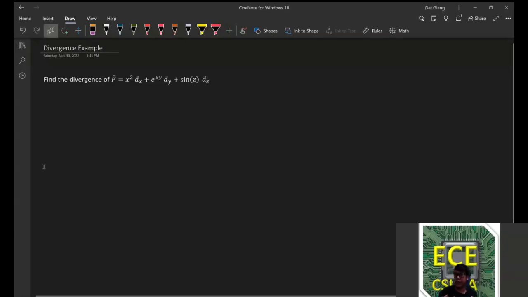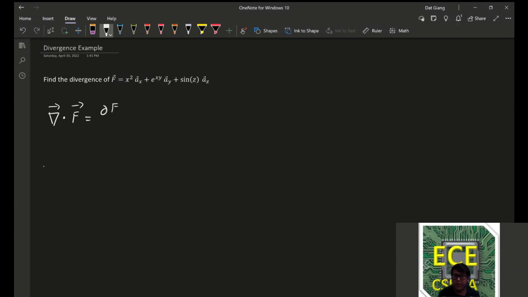Okay, so we're now going to take the divergence of a given vector field. First, the divergence of any vector field is the dot product of the nabla operator dotted with the vector field. And this, in turn, gives us the partial derivatives in the x, y, and z direction.